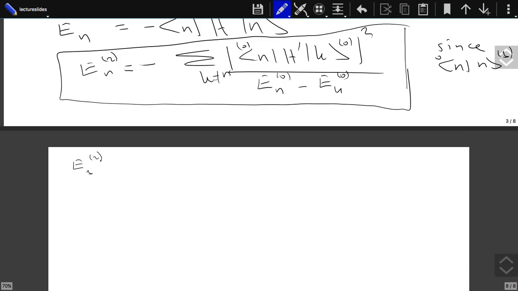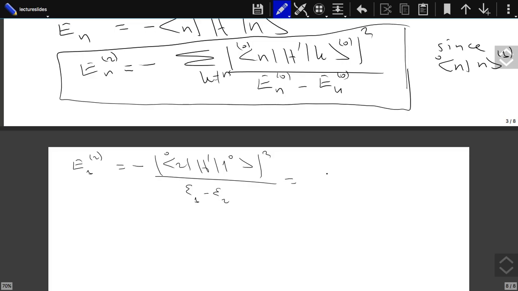The second order correction to the energy of the first state, again, there's just one term in this expansion: the matrix element of 2^(0), H prime, 1^(0) squared, divided by epsilon 1 minus epsilon 2.